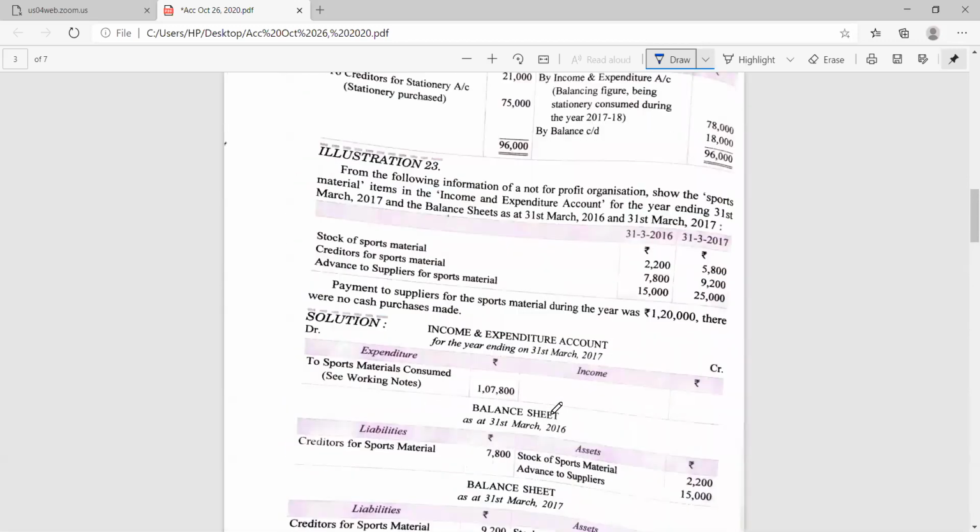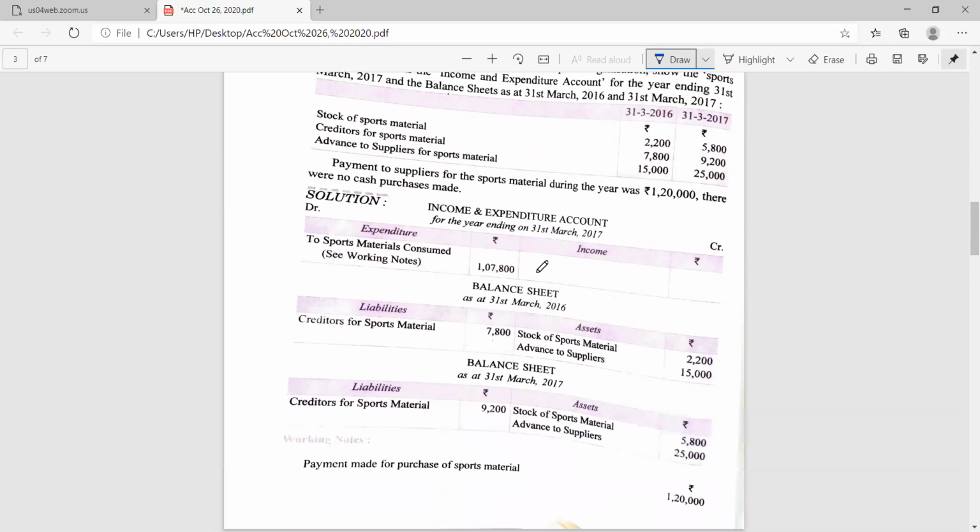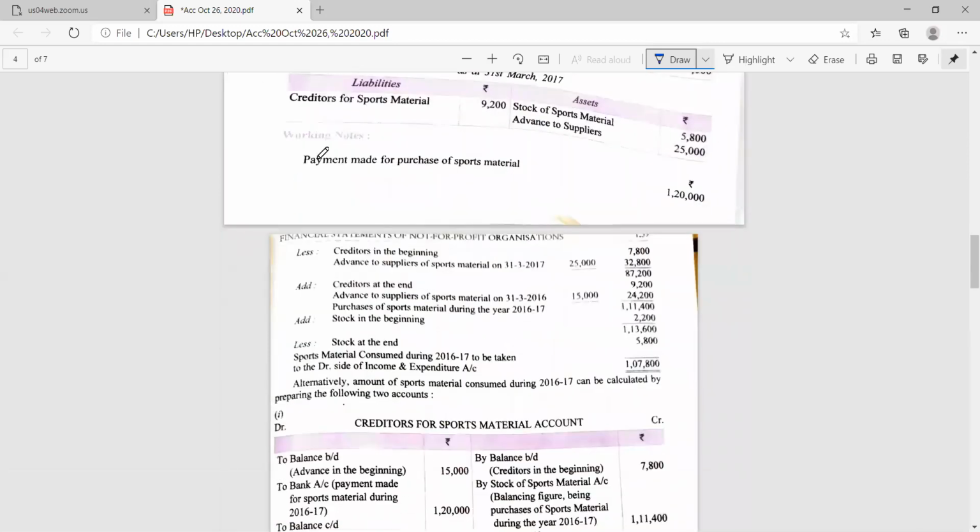Let's recall what will maximum be given to you: the stock of the sports material, creditors related to sports material, and advance to supplier. These are the maximum things that you always find in the paper or the question as an assignment. So what to do? You have to prepare your working note first. The payment made for the purchase of sports material is to be calculated, and how the material consumed is to be calculated: payment made till the date, less creditors in the beginning, less creditors at the end, add stock in the beginning, less stock at the end.